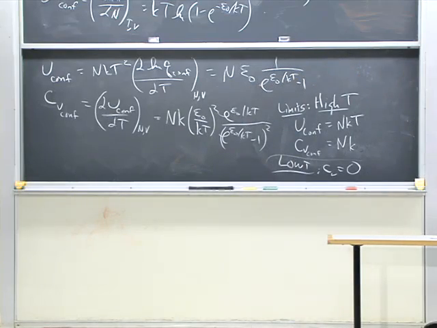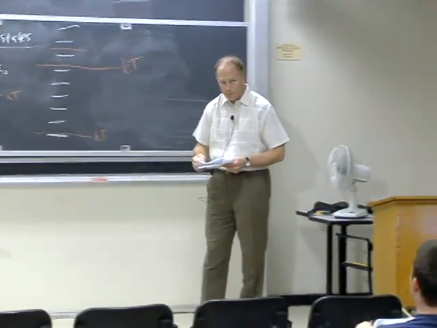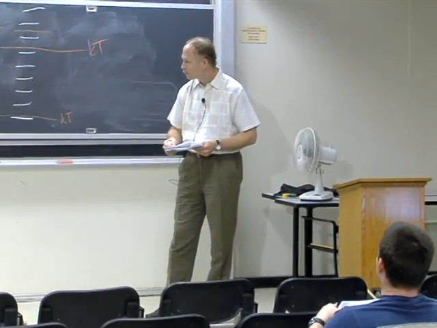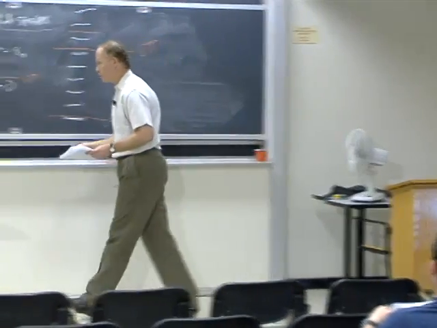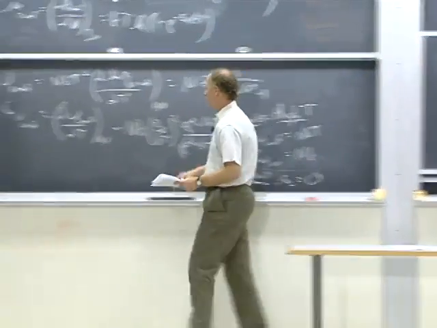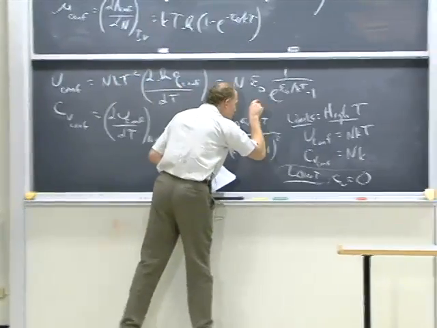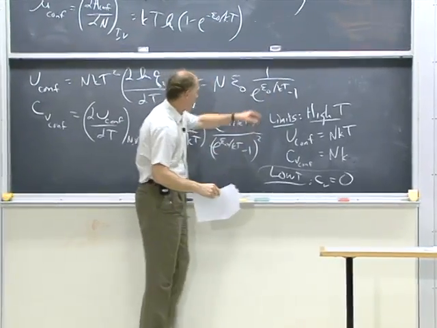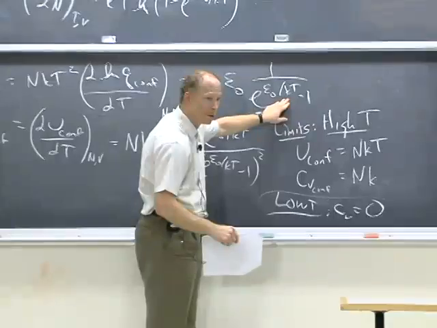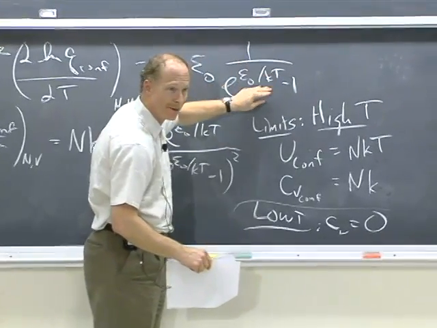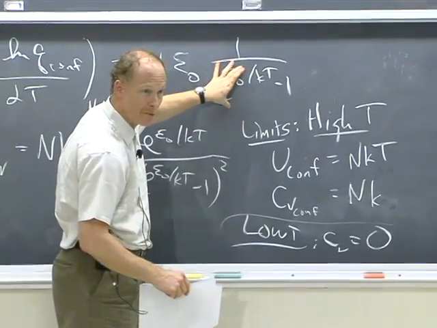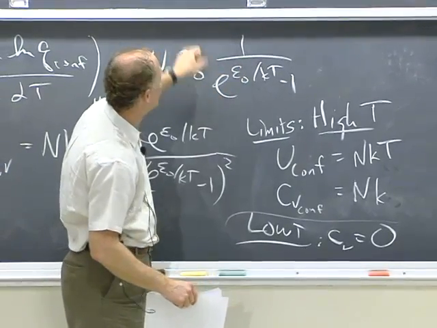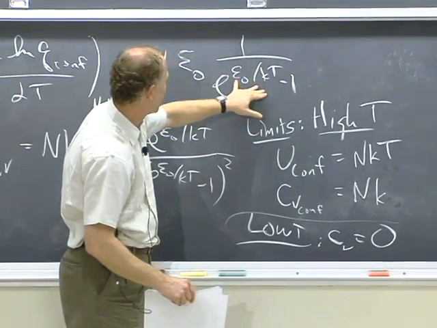Any questions? No. So of course, that's a limiting case here, right? That happened because in the limit of high temperature, this exponent is really small, so then you can Taylor expand it. In the limit of low temperature, this is really big, right?